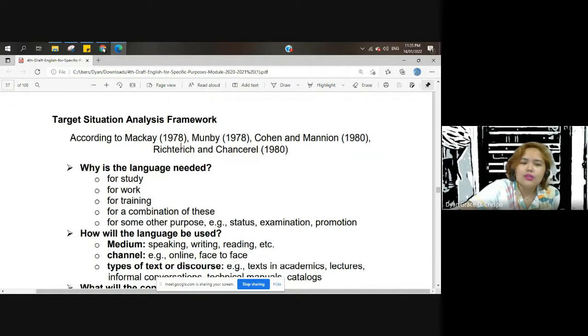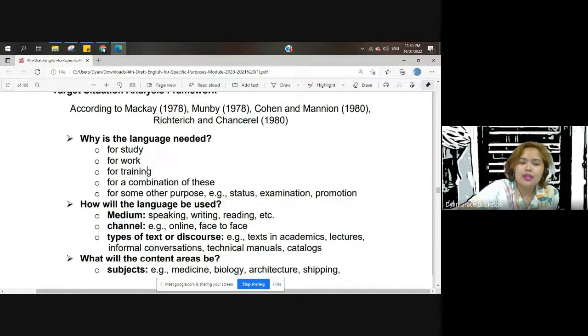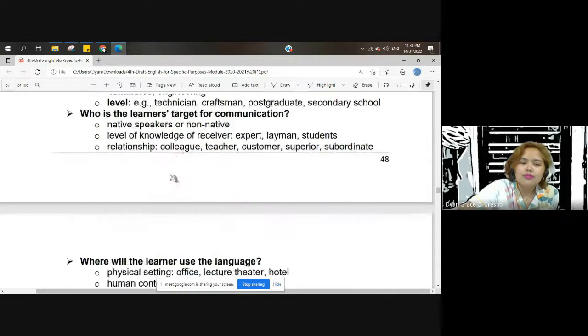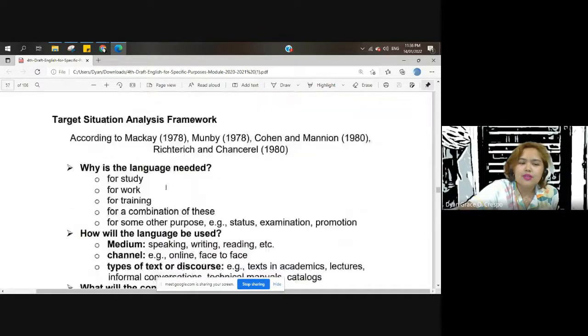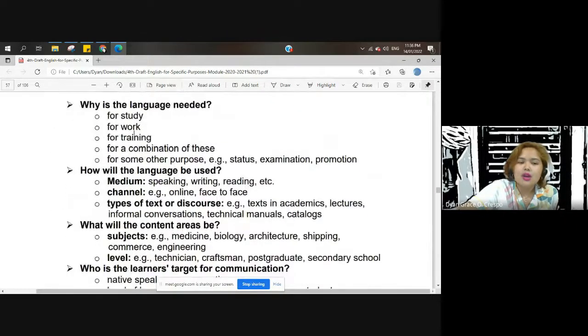Now, according to Mackay 1978, Munby, Coffey, Richterich and Chancerel in 1980, we have different questions and we will answer them for ESP, for the target situation analysis. Why is the language needed? So, tatanong mo.